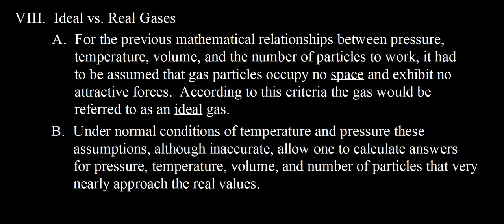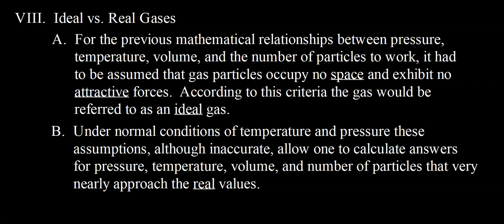All right, next up, let's look at the difference between ideal gases and real gases. For the previous mathematical relationships between pressure, temperature, volume, and the number of particles to work, it had to be assumed that the gas particles occupy no space and exhibit no attractive forces. According to this criteria, the gas would be referred to as an ideal gas.